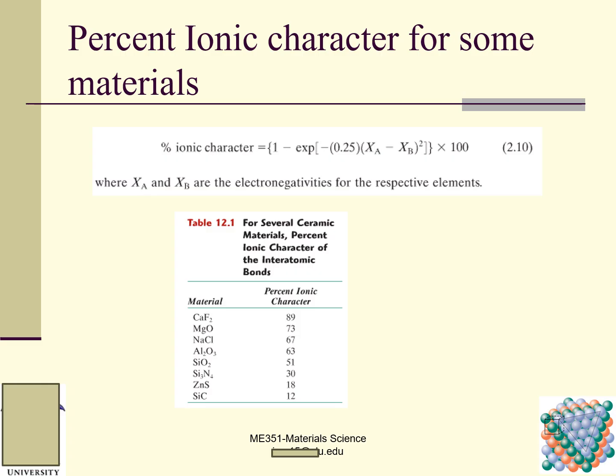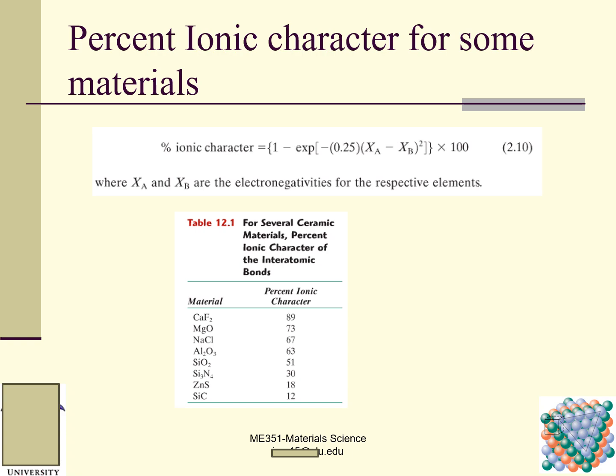So the percent ionic character for some materials can be characterized using this equation: 1 minus exp of a factor involving XA and XB. These two are the electronegativity values for the respective constituent atoms.